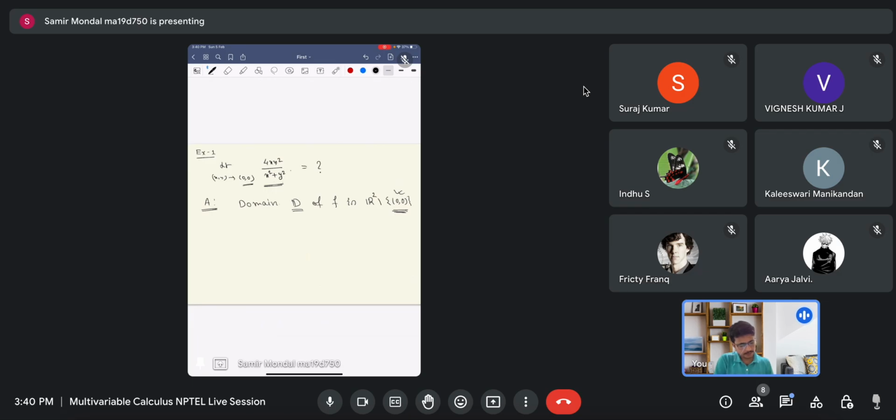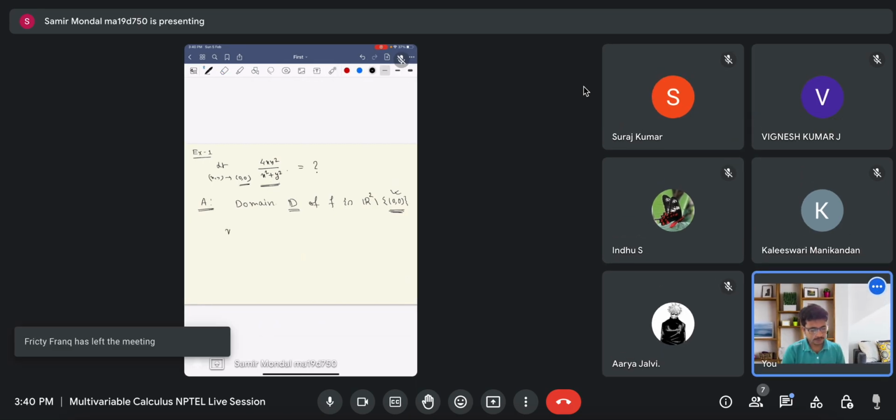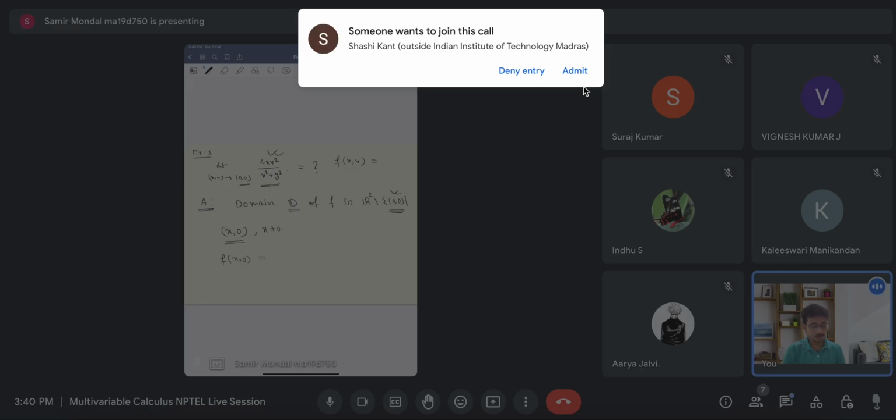So take the x-axis. The x-axis means your y coordinate is 0. The x coordinate can be anything, y coordinate is 0. Take x also non-zero. So for this case, take f(x, y) as this quantity. What will we get for f(x, 0)? Put 0 here, then we will get 0.